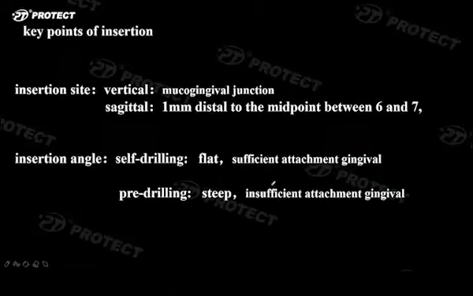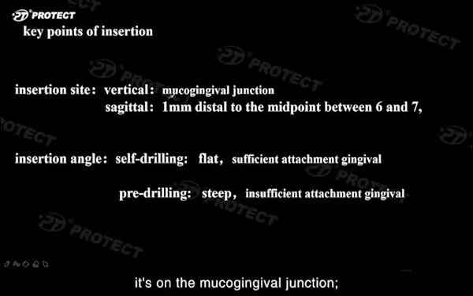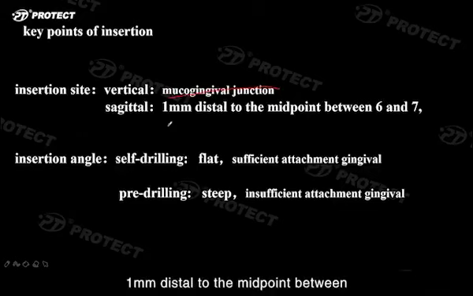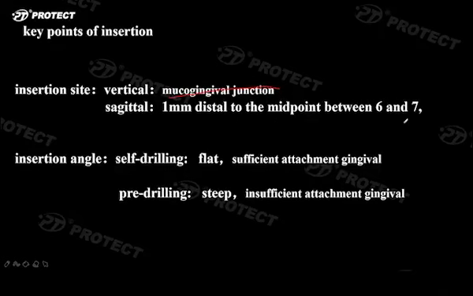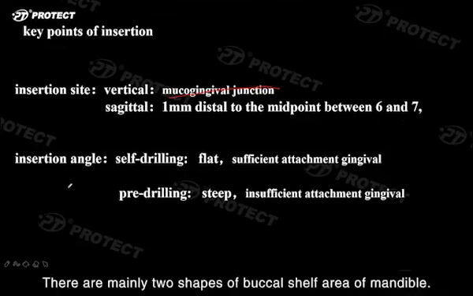Key points of insertion. In the vertical direction, it's on the mucogingival junction. In the sagittal direction, 1 mm distal to the midpoint between the first and the second molar. There are mainly two shapes of the buccal shelf area of the mandible.